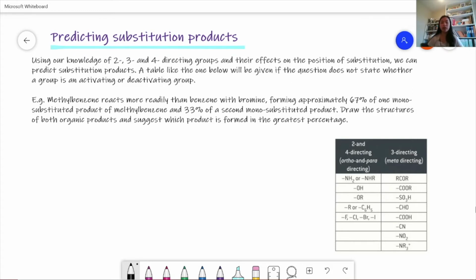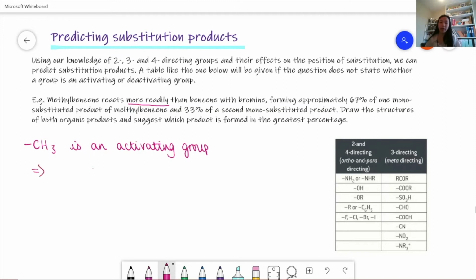The first thing the question tells us is that methylbenzene reacts more readily than benzene, so this methyl group is an activating group. And we know that activating groups direct the second substituent to carbon 2 or carbon 4.